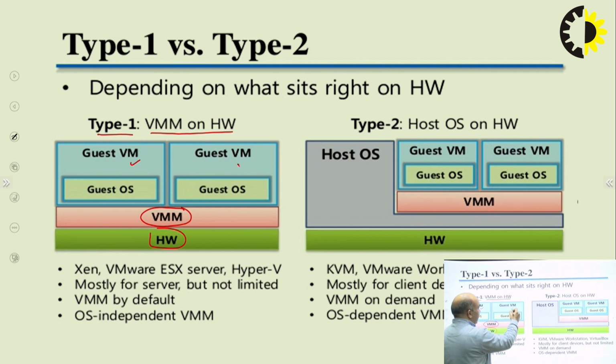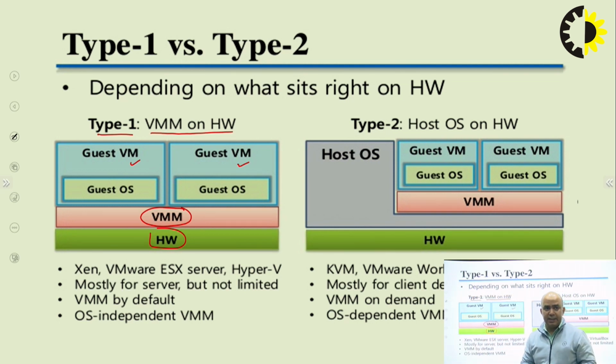Let's suppose in this example two virtual machines are installed. There are different applications like Xen, VMware ESX servers, and Hyper-V. Mostly this type 1 hypervisor is used on the server side. They are operating system independent virtual machines.